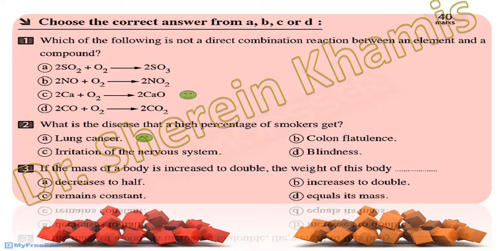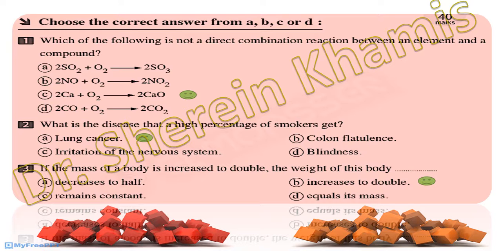Okay, let's go into question 3. If the mass of a body is increased to double, the weight of this body will. Okay, this is a very important question. The options are: decrease to half, increase to double, remain constant, equal to half.